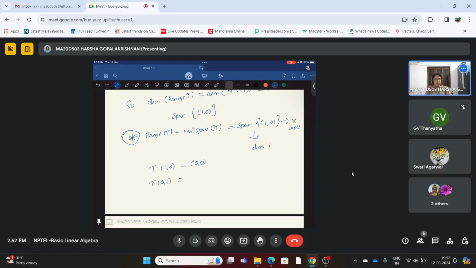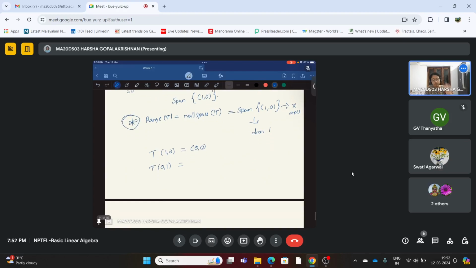What is the null space of T? From this star you can read what the null space of T is. Before that, what is the definition of the null space of T? Do you remember?